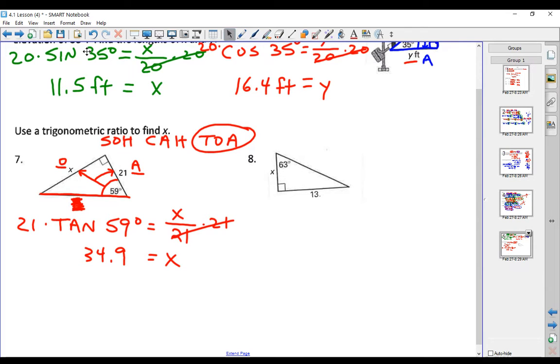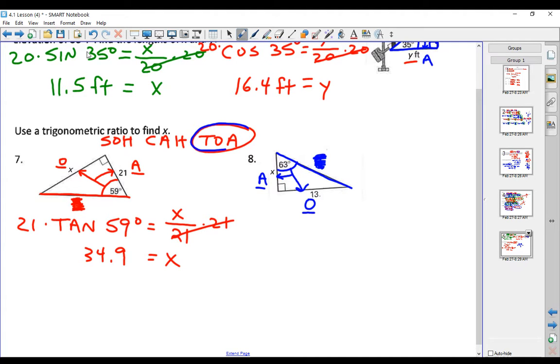All right, on number 8, we want to know x again. They gave me this angle, which is 63 degrees. The side across from the right angle is always the hypotenuse. The angle that we're working with is looking at the opposite side, and the side beside the angle is the adjacent side. Now this time, again, we don't know anything about the hypotenuse, so we can ignore that. I know the opposite, and I'm trying to find the adjacent.